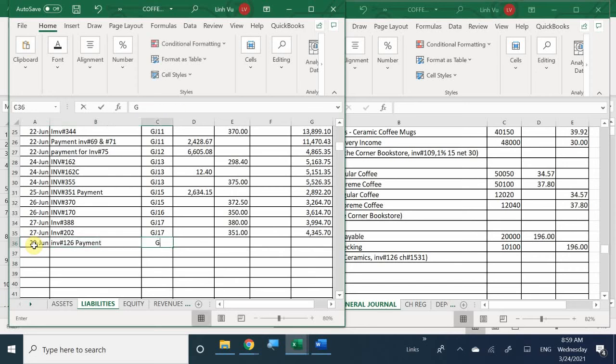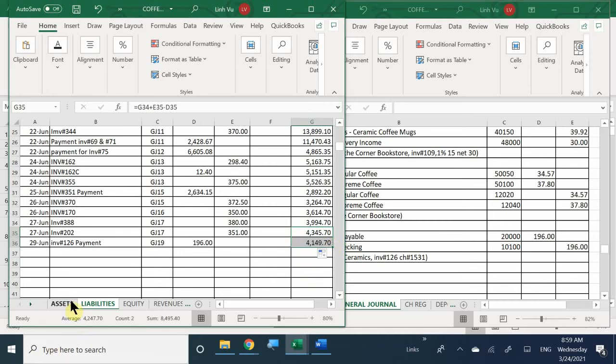Okay. General journal number 19 for the 196. We're decreasing it. So therefore, what is my new account balance? 41,480. Perfect.